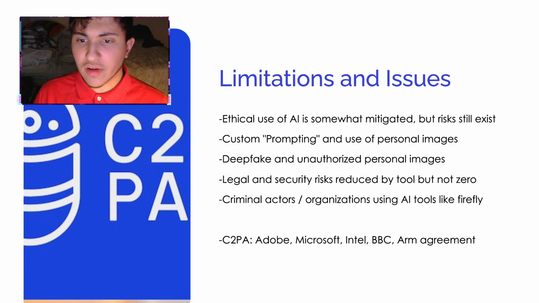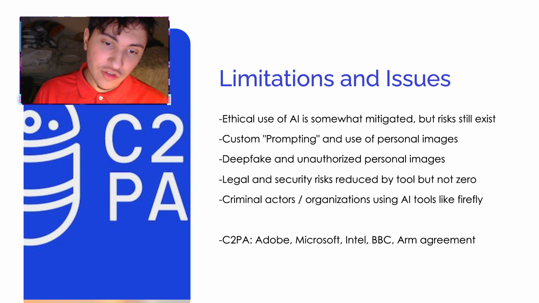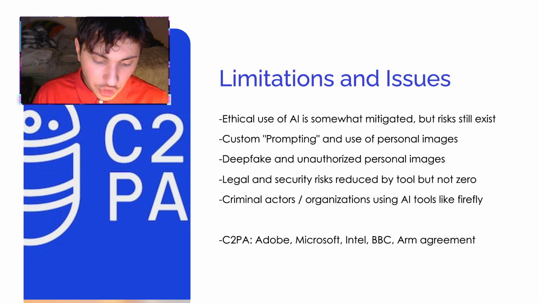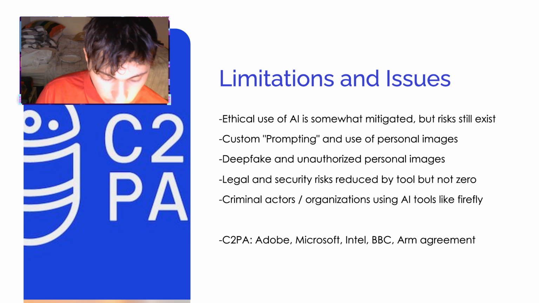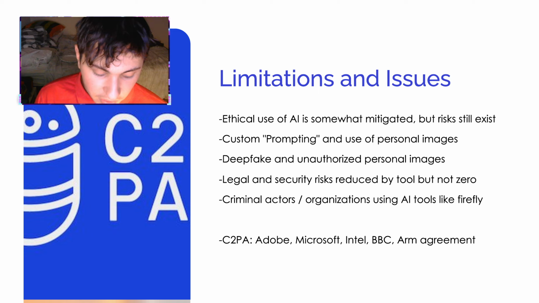The legal and security risks from AI usage are reduced by this Firefly tool, but it's not zero. And there are still criminal actors and organizations that are using AI tools like Firefly to generate content that doesn't trace back to them. There's something called C2PA, which Adobe and a bunch of other companies have made, a kind of coalition called the Coalition for Content Provenance and Authenticity.